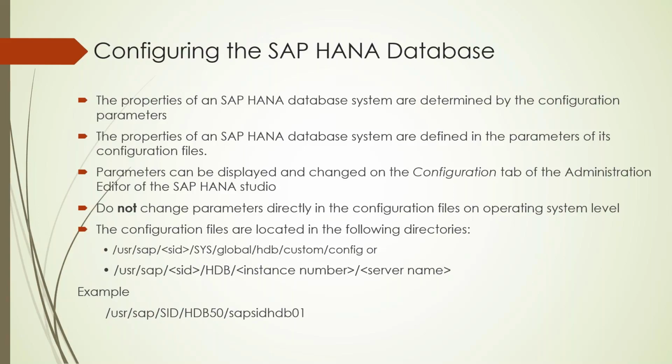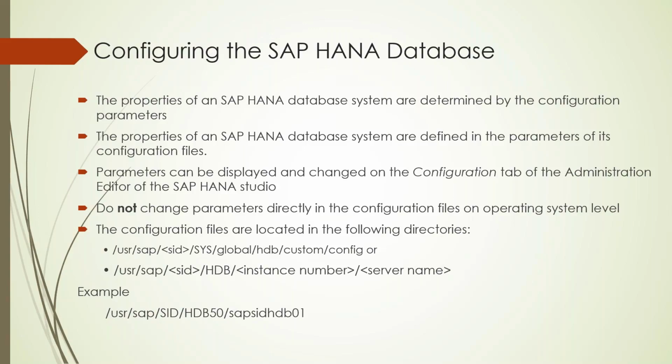Some are global parameters applicable for the system DB and the tenant database as well. In the system DB we have a global.ini, and in the tenant database we also have a global.ini. Some parameters are only applicable for your tenant database, like the index server and the access engine in the tenant database.